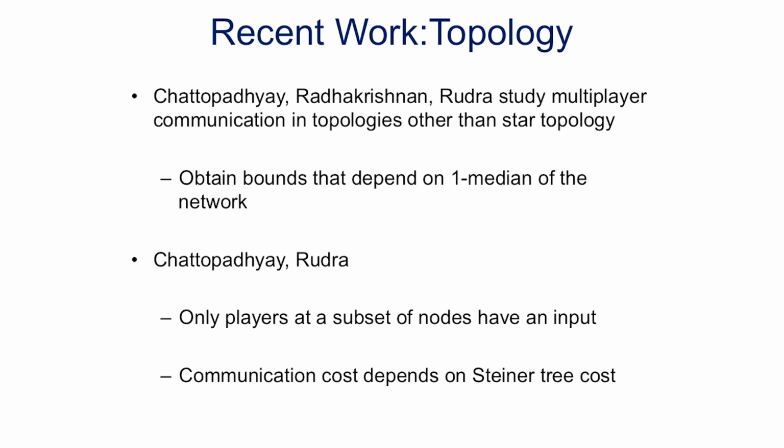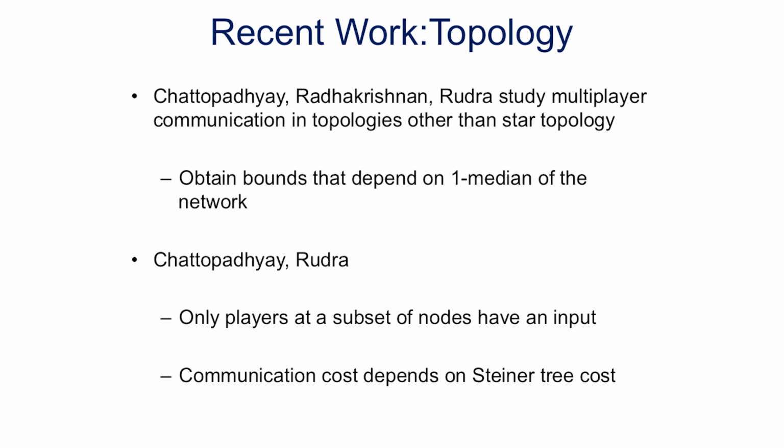The one median cost is the sum of distances to a node, minimized over all nodes. If I have a star, the one median cost is just k. Or a clique, the one median cost is just k. I choose a node and everyone is within distance 1 of that node.